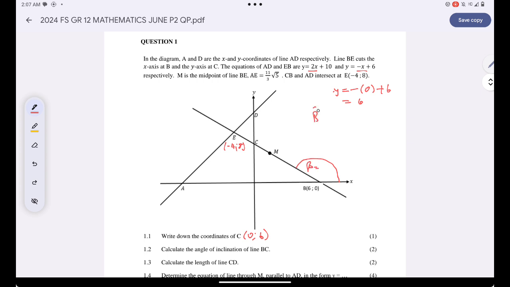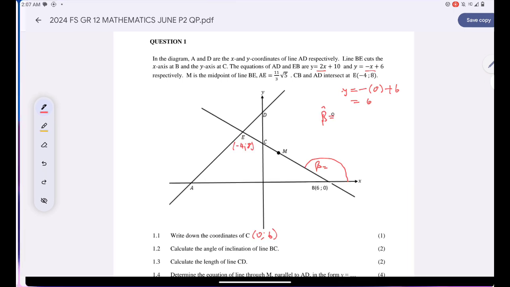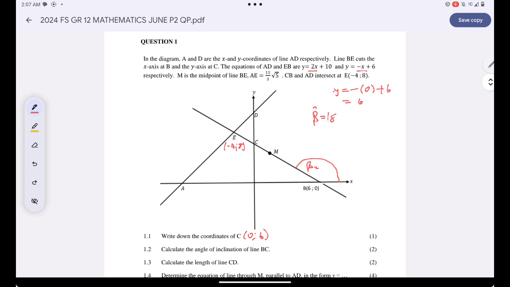The angle beta will be equal to 180 degrees minus tan inverse 1, and this would give me 135 degrees. Please note that if your gradient is negative, whenever you find your inclination, you must always say 180 minus. The 180 minus represents the negative sign, and then inside the bracket you'll just put a positive value.